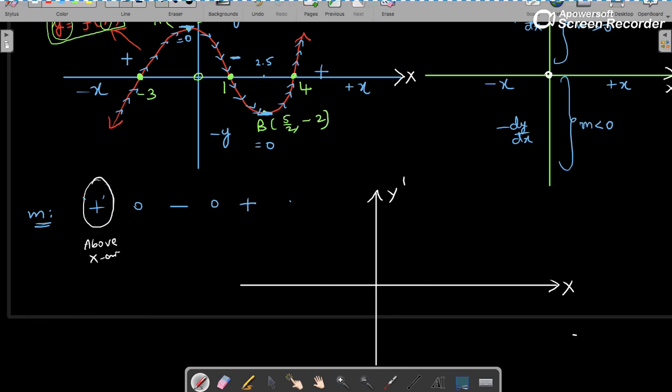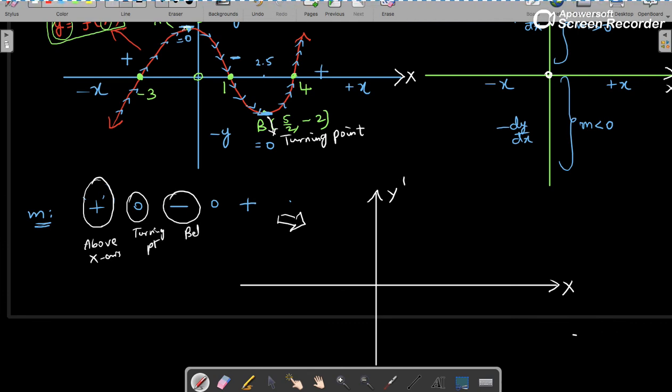It cannot cross below the x-axis in this axis system. The graph is above the x-axis in the x, y dash system, and the graph will have a turning point. Slope is 0, that means it should have a turning point. This point is called a turning point where the slope is 0. So wherever the graph turns, you have a turning point. Then here it will be below the x-axis and so on and so forth. So you have below the x-axis, a turning point, and above the x-axis.